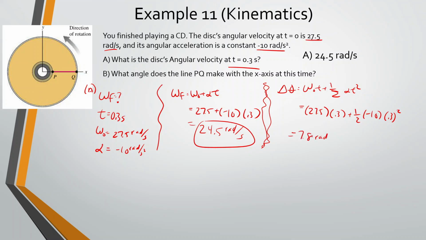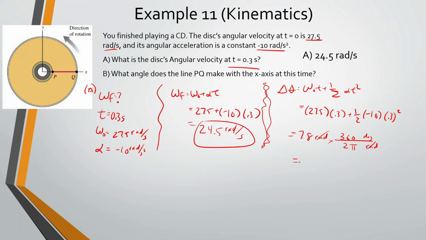However, we want to change this to an angle. So what we should know is radians into angle, or degrees. We should know that 2 pi is equal to 360 degrees.